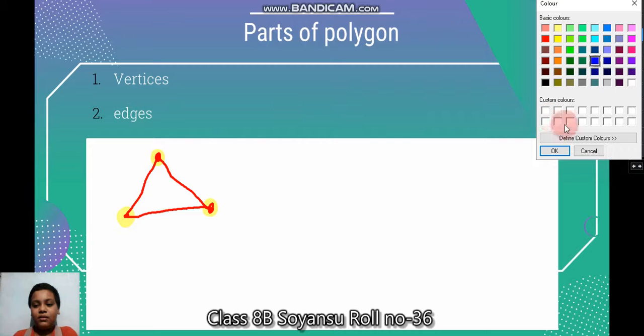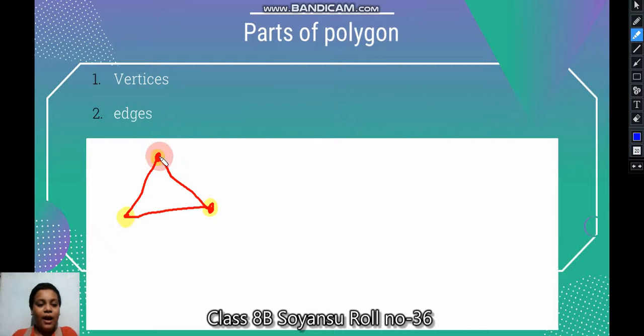And these are the edges that I have highlighted with the help of blue color. So these are the vertices, and these are the edges of a triangle.